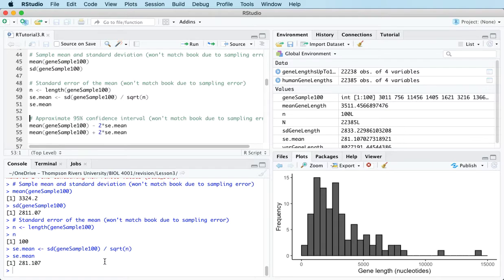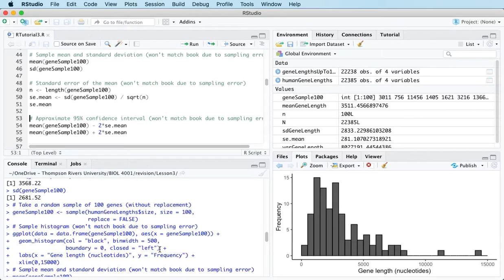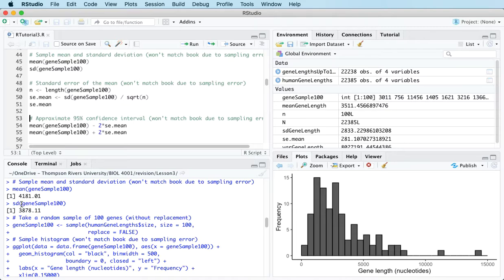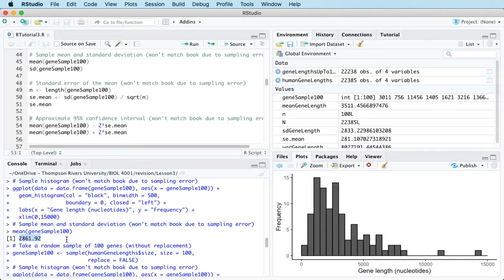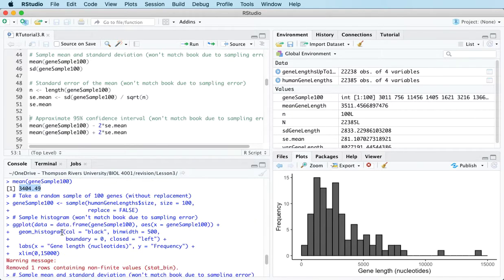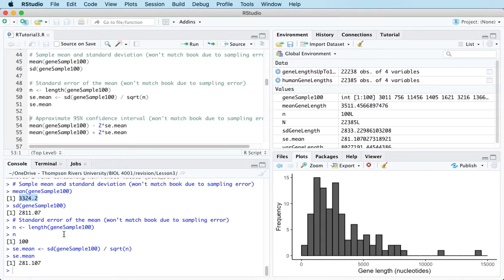Okay, so the standard error of the mean is the sample standard deviation divided by the square root of the sample size. And what this is an estimate of is the standard deviation of sample means taken from repeated samples from the population. Okay, so what am I talking about here? All these sample means that we calculated. So we got this one, 4,181, then we got this one, 3,568, then 2,862, then 3,404, then 3,324.